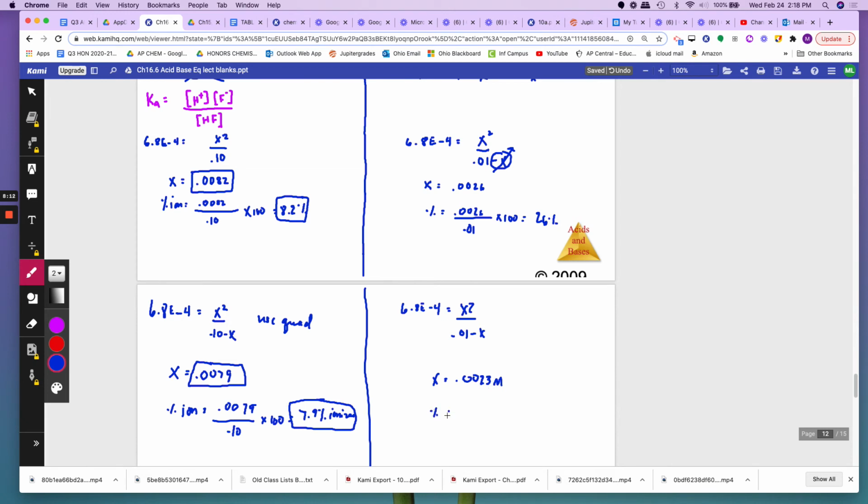The percent ionization, using the quadratic to get this number right here, is 0.0023 divided by the original, which is 0.01, times 100, equal to 23% ionization.